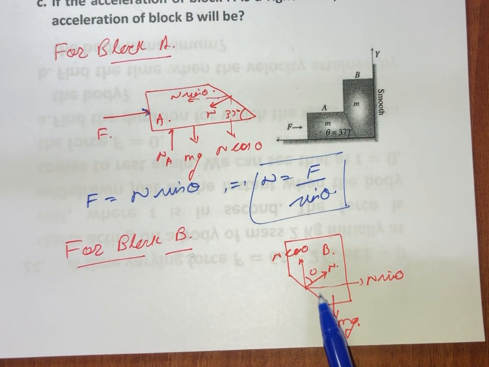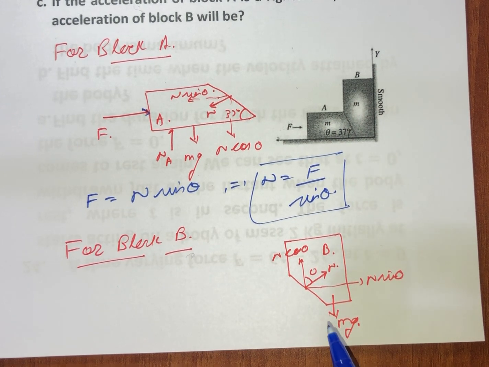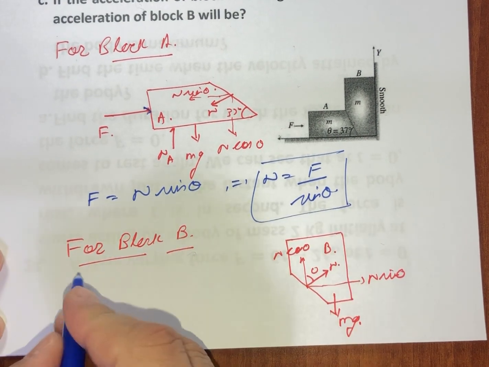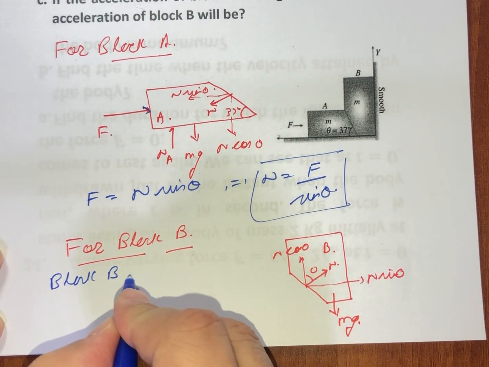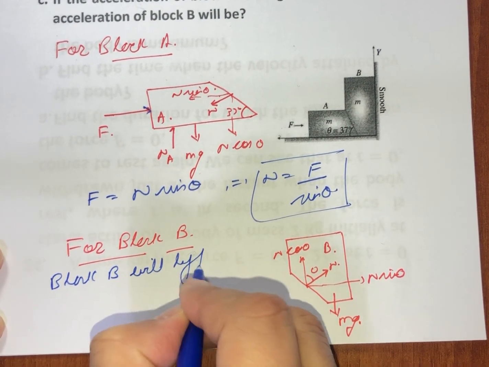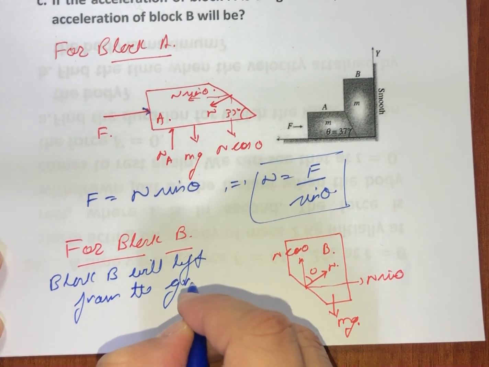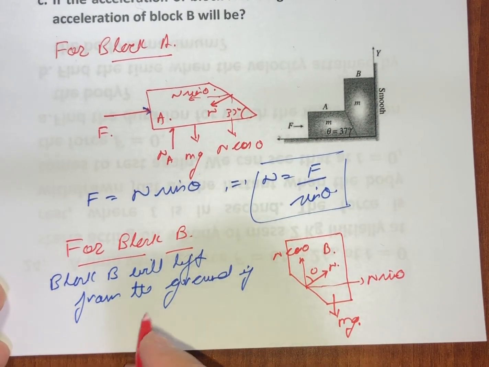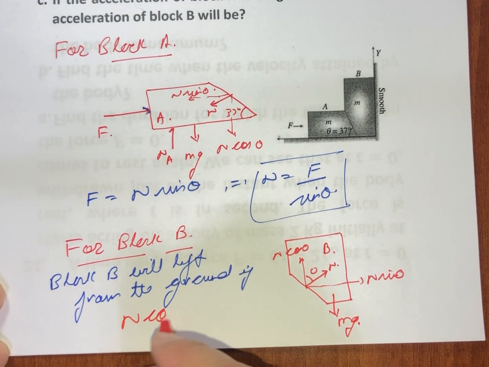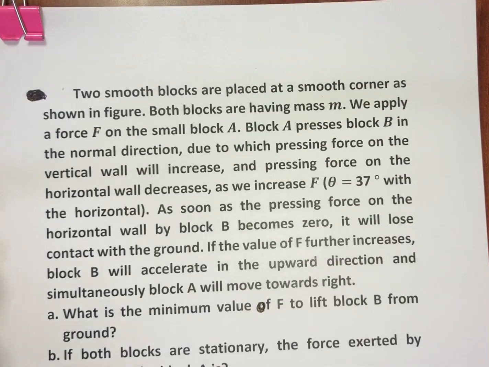So it is asked to lift block B from the ground. So block B will lift from the ground if N cos theta is greater than or equal to mg.